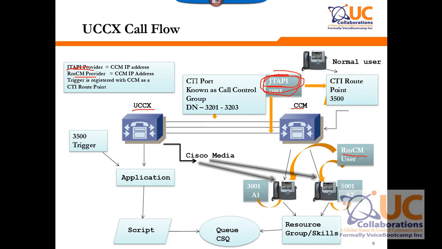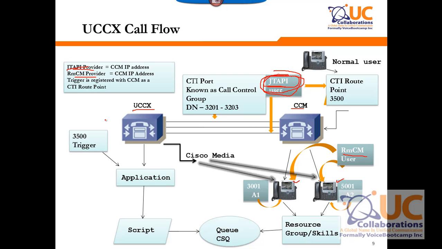RMCM user, on the other hand, is going to be used to monitor the agent phones. Because the contact center needs to know which phones out of 5,000 phones in your organization are the agent phones, and whether they are being used or available, so the health of those agents. So we must define that.